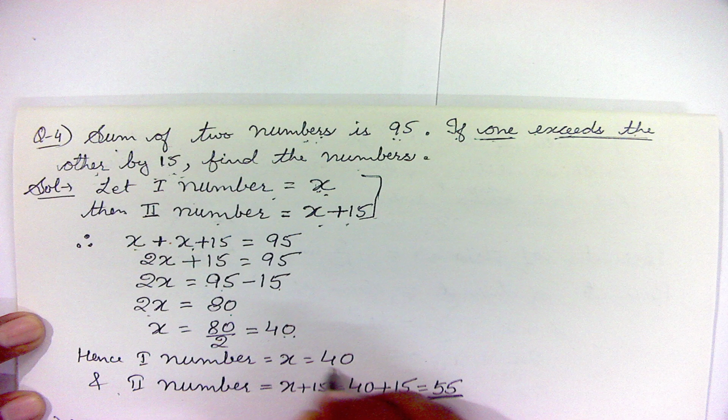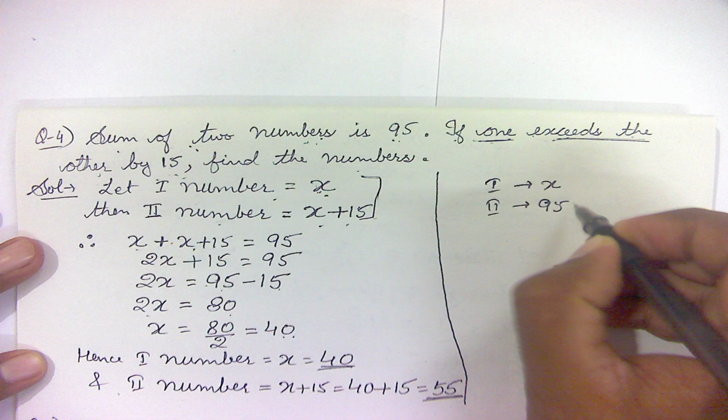Now if you go another way, as I told you, if you are taking the first number as x, then the second number you can take from here. The sum of two numbers is 95. So here the other one will be 95 minus x.